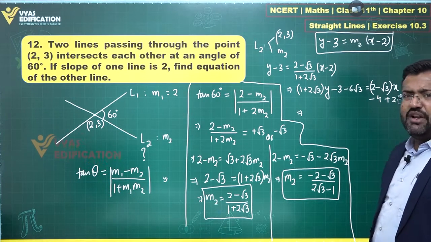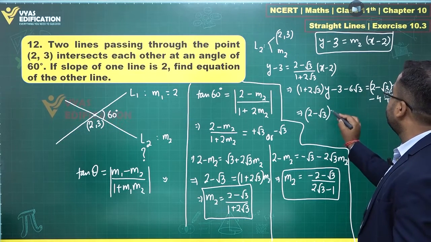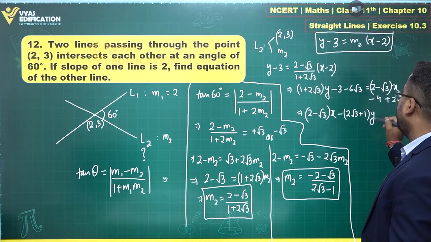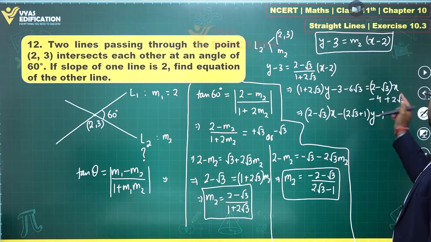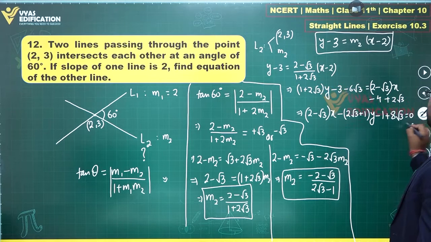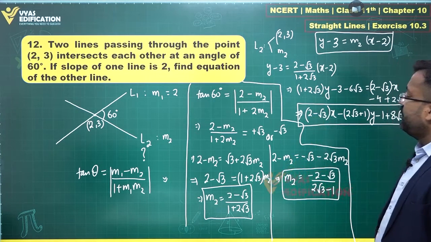Let's simplify this and bring everything on one side. This is 2 minus root 3 times x minus 2 root 3 plus 1 times y, and this becomes 3 minus 4, which is minus 1, minus 6 root 3, plus 8 root 3 is equal to 0. This is one of the equations.